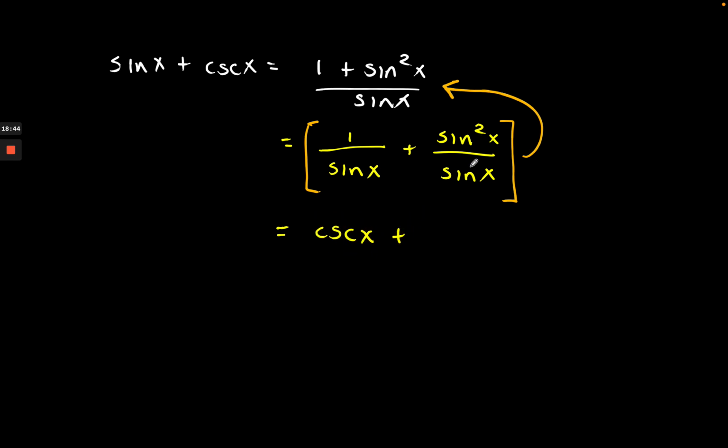And here, my sines reduce and I'm left with sine x. So we can change the order that we write that, sine x plus cosecant x. And that equals sine x plus cosecant x. And we're done.